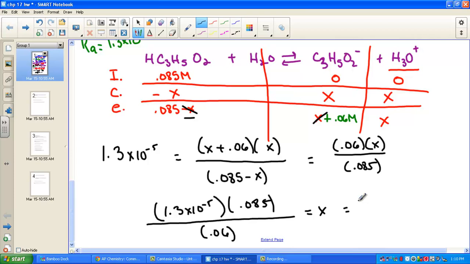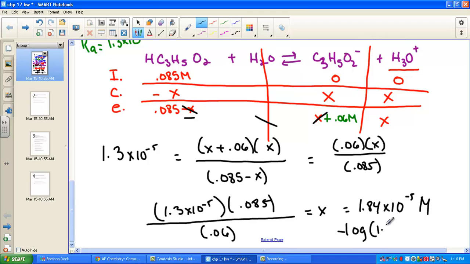I like calculator buddies. 1.3 times 10 to the negative fifth times 0.085, divided by 0.06. And we get an answer for x. X comes out to be 1.84 times 10 to the negative fifth molar units.